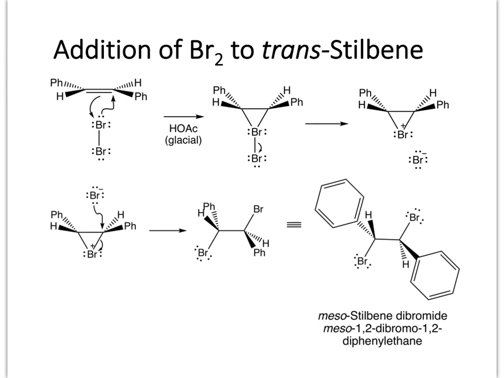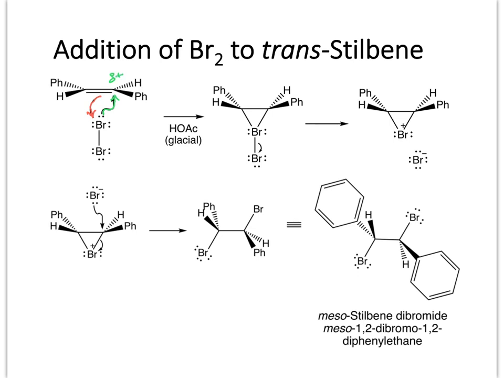Then the addition of bromine to the trans-stilbene goes by our standard mechanism that we learned for the straightforward addition of bromine. The stilbene alkene, the pi bond of the alkene, acts as the nucleophile, right, to attack the bromine. The bromine also acts as nucleophile to replace the electrons as a partial positive charge is trying to develop there.